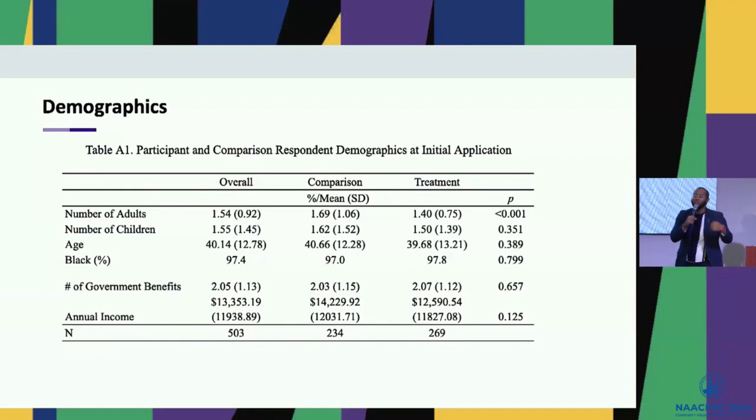And so we did our due diligence to ensure that the women in our program do accurately reflect the experience of the generalized population of Black women in Atlanta, in the number of adults in the household, the number of children in the household, age, race, government benefits, and then of course, annual income.